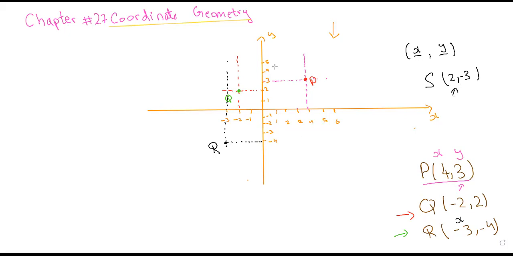So let me just make a line this time on X equals 2. Now the point could be anywhere on this line, and for X equals -3, I'll make another line. That is this one. So I have the point on this intersection, that is S, right? So this is how we define points in the XY plane.